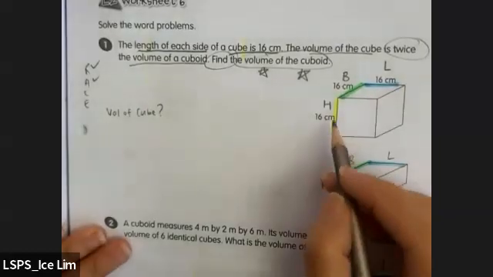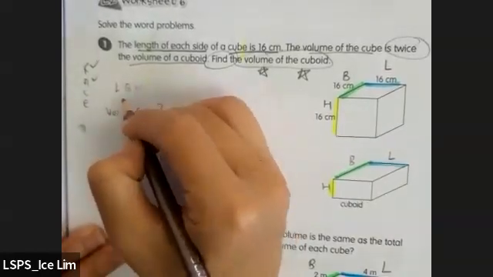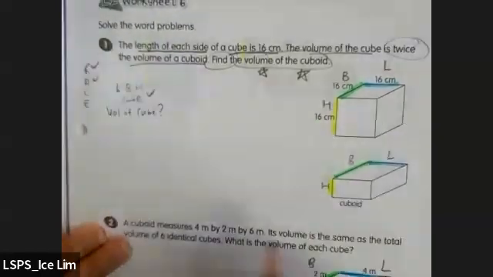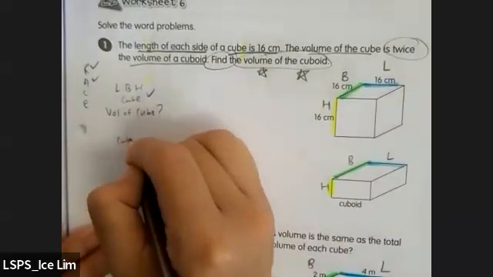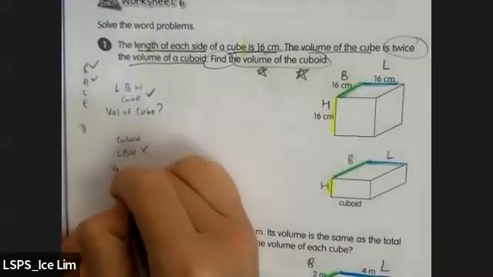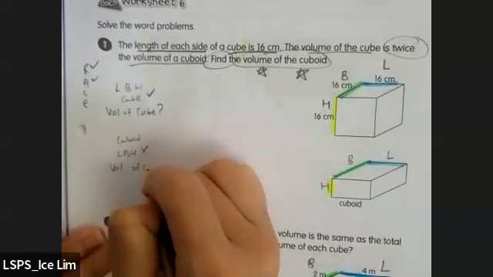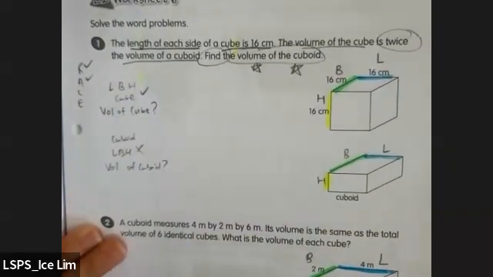I have the length, breadth, and height of the cube. Given. What about the cuboid? Is it given? Do you have length, breadth, height? Don't have. Then how to find the volume of the cuboid?